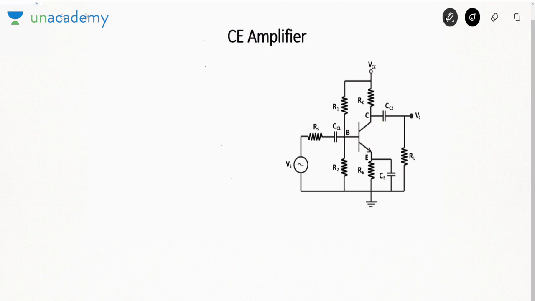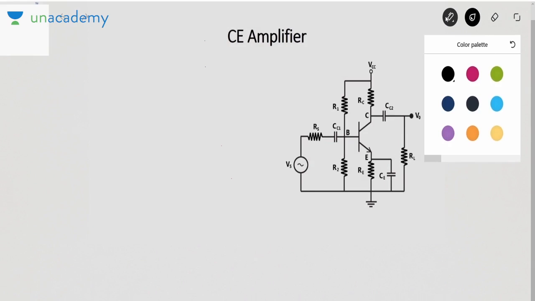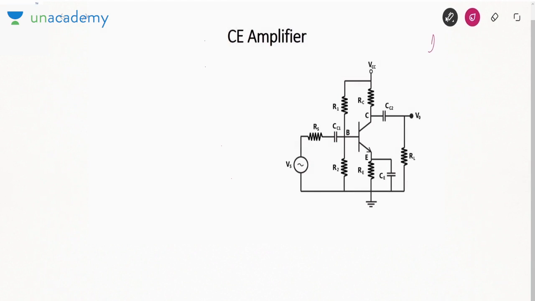Now what I'll deal with in this section is the low frequency response. And as I have told you, in the low frequency region, which capacitances will be considered? CC1, CC2 and CE.